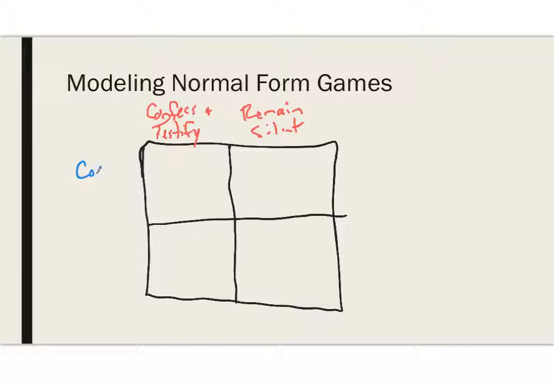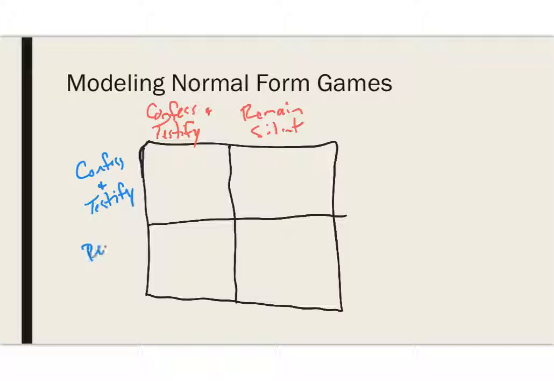So we're going to divide this box into two columns and two rows. So up here, this is confess and testify. And this is going to be remain silent. And then over here, for the other player, this is going to be confess and testify.